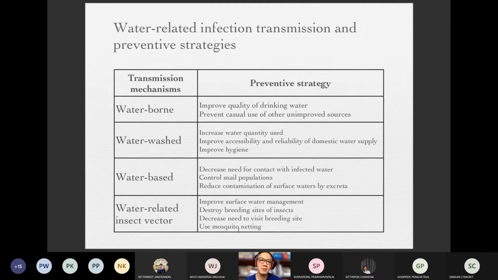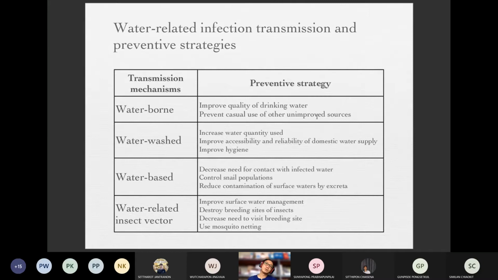But anyway, concerning our jobs, our environmental engineering work, we are working on improving the quality of the drinking water. So we are trying to treat the contaminated water to produce drinking water.